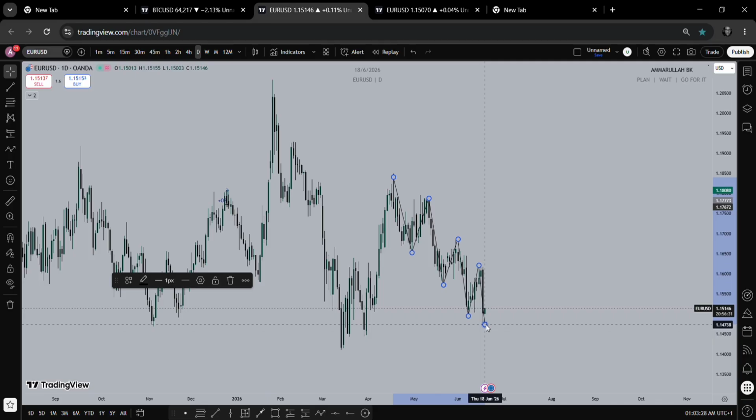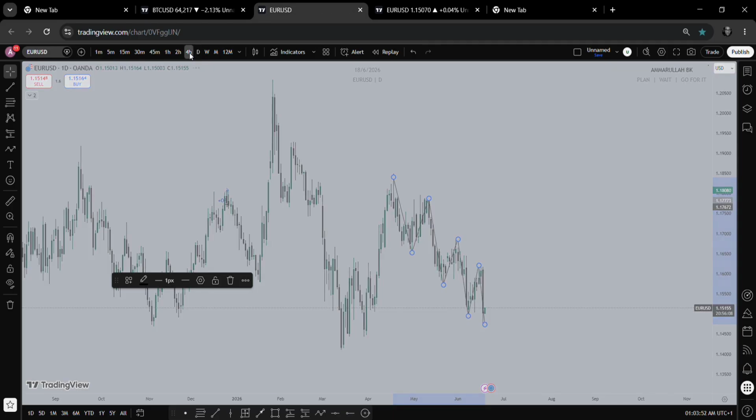So the higher time frame, the daily time frame, is now bearish, right? So whatever we are doing now, we are only going to be looking for sells, for things that will align with the higher time frame direction, right? Which is selling. We are going to be selling the market.